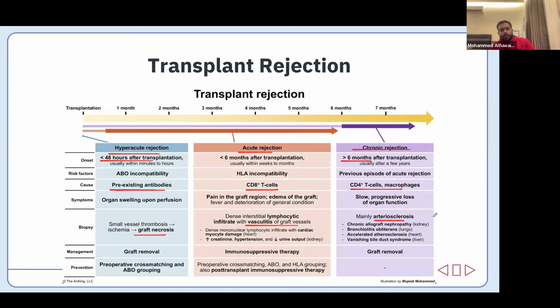How do you prevent transplant rejections? Two ways. Number one, beforehand, you do proper cross-matching and HLA grouping and all that stuff. And then once you transplant the organ, what do you give to the patient? Immunosuppression. Good.